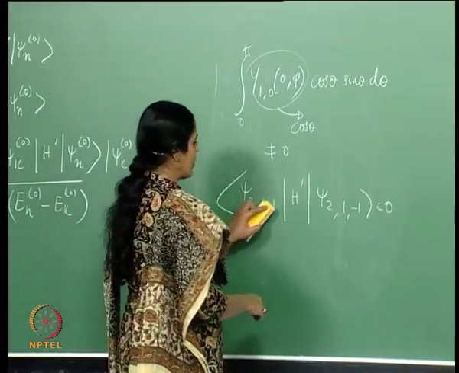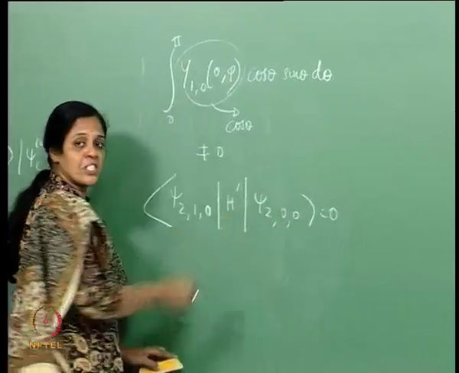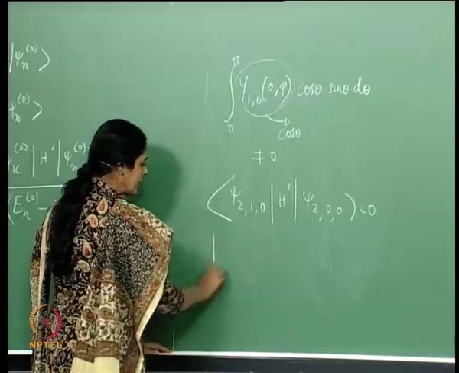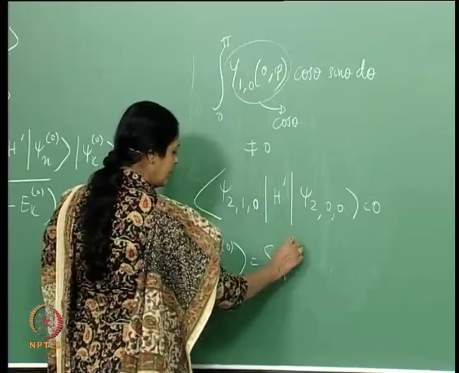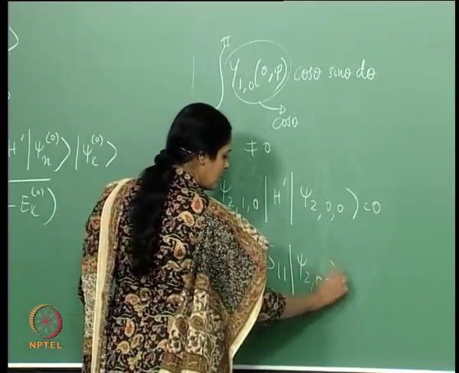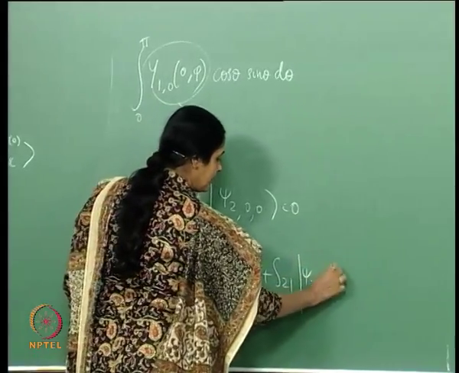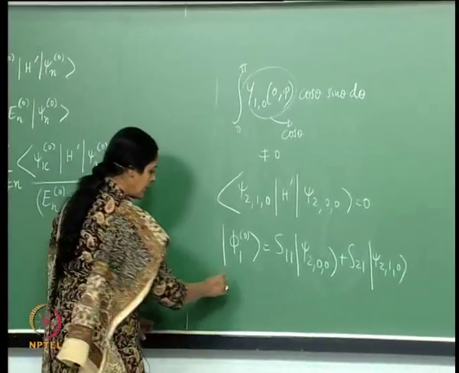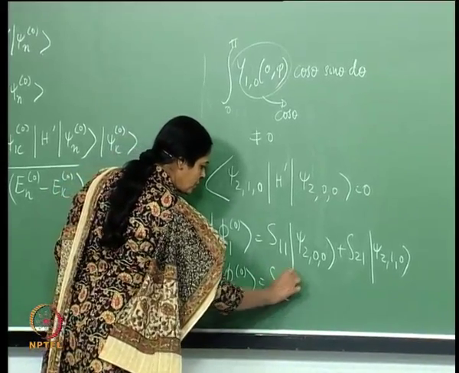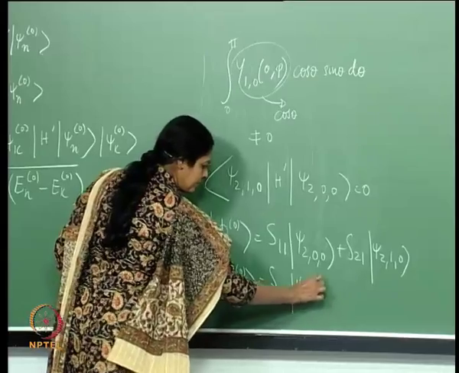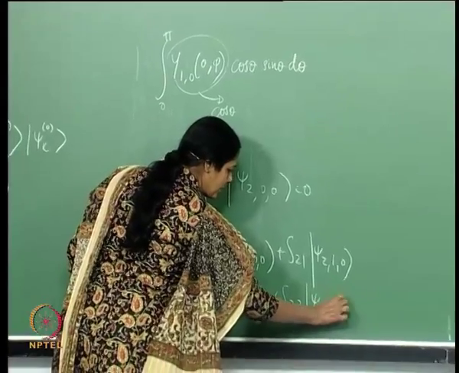Hence the only non-vanishing contribution comes from this in this specific example, and therefore I define φ10 as some S11 ψ200 plus S21 ψ210, and I define another combination, φ20, as S12 ψ200 plus S22 ψ210.